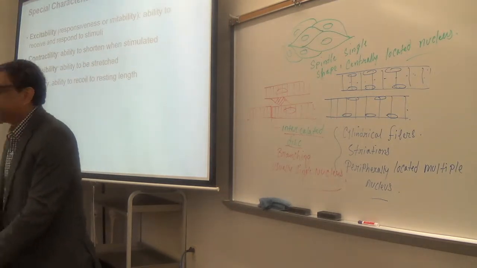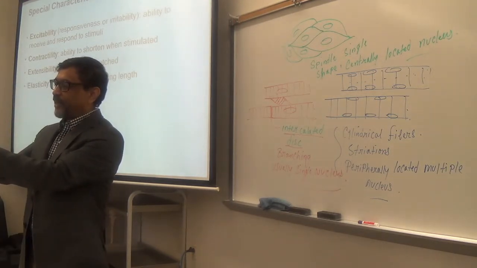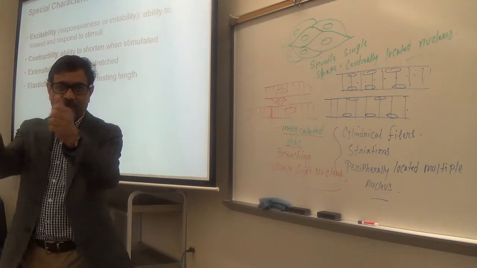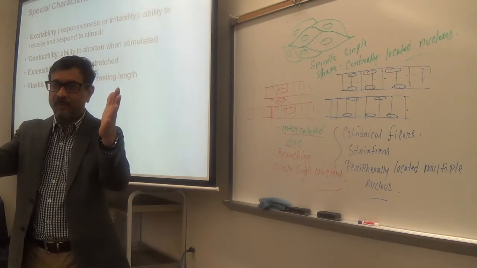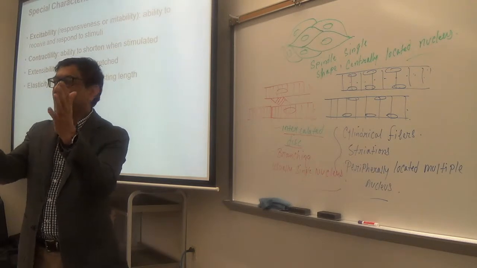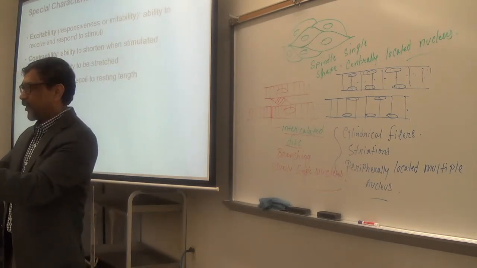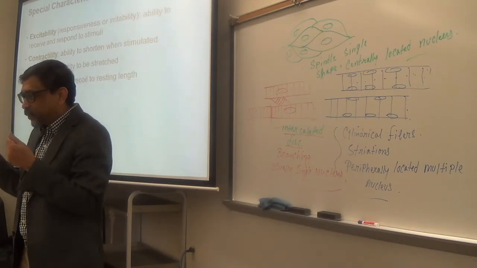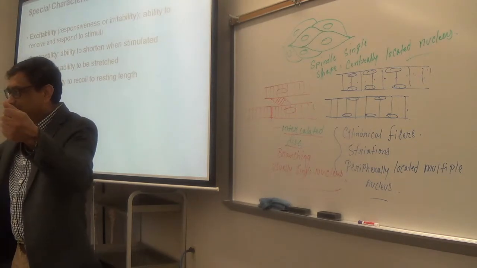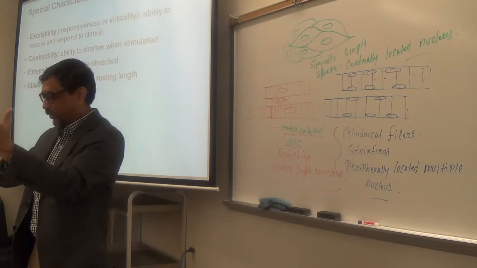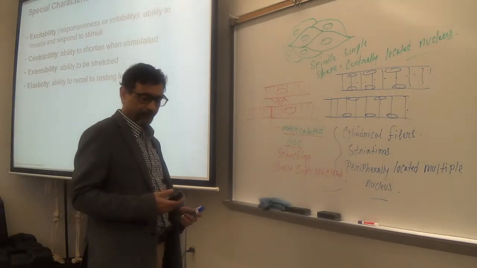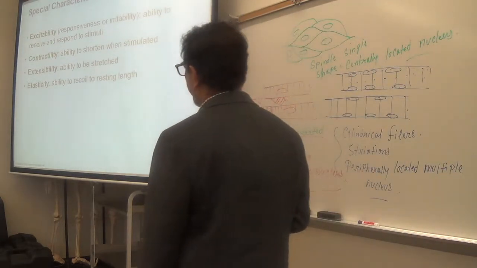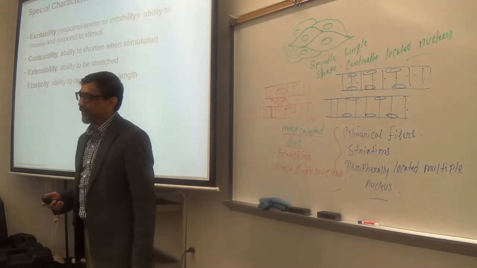If I expand the muscle by pressure, it's like the elastic thing you use in your clothes. If you expand it by pressure and then leave it, it will go back to its actual shape. So that ability to recoil is called elasticity. So the muscle shows those properties or characteristics.